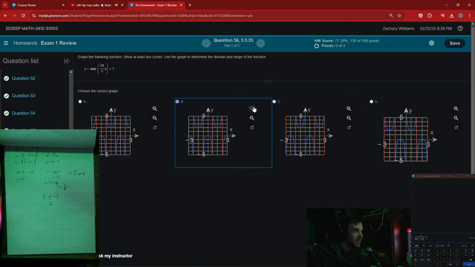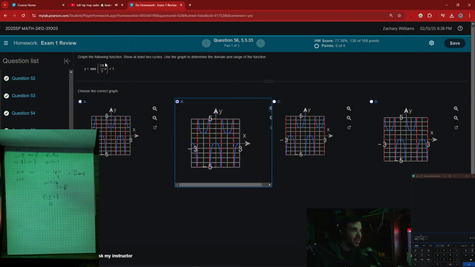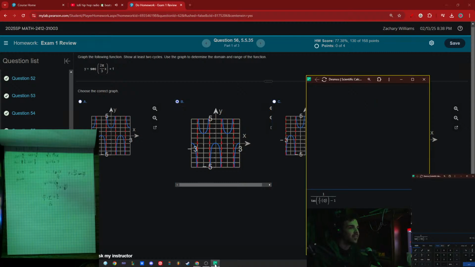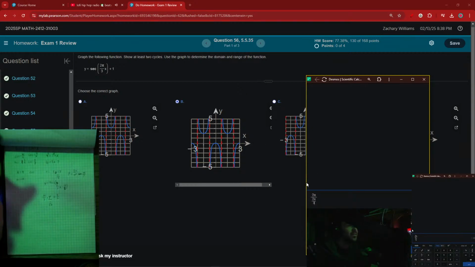So this one's mainly making us think about this. The period should just be 3. 2 pi over 2 pi over 3 is 3, yeah. So our period is 3.